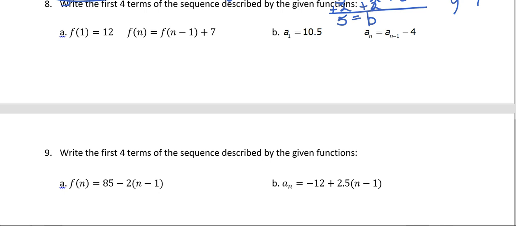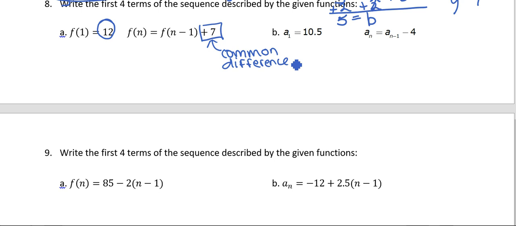Okay, write the first 4 terms of the sequence described by the given functions. Okay, if I look at A, my first term is 12. So if I would like to find my second term, looking at the function rule that they gave me, I can also tell that my common difference is 7.